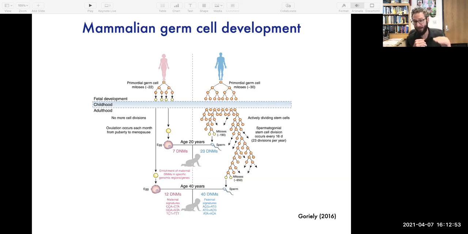But after that point, female mitosis stops. And when males hit puberty, it starts again. So a male at 40 has gone through many, many more rounds of mitosis and therefore of genomic replication than a male at 20. So that's why we think that rate is going up with time, especially rapidly in males.